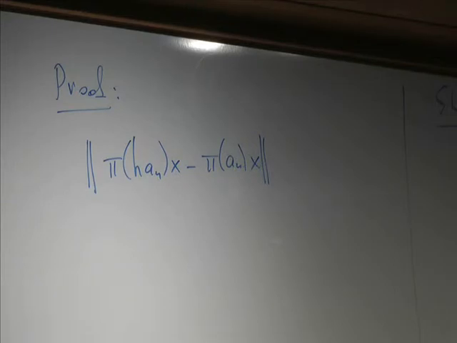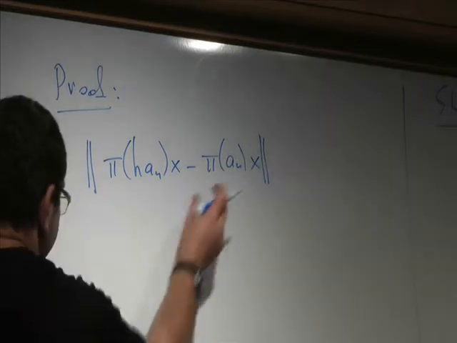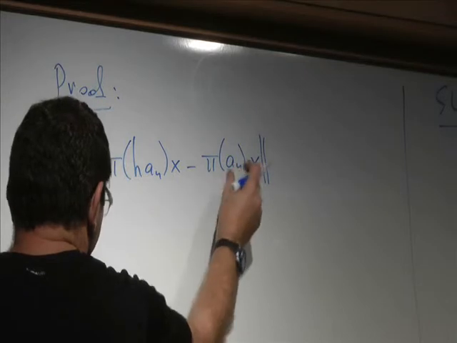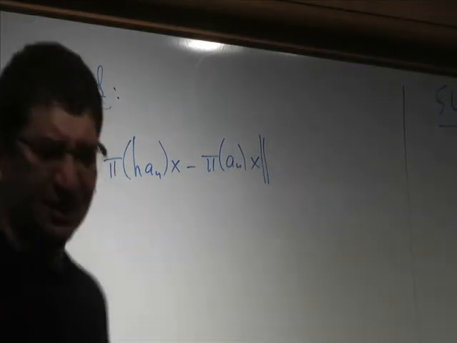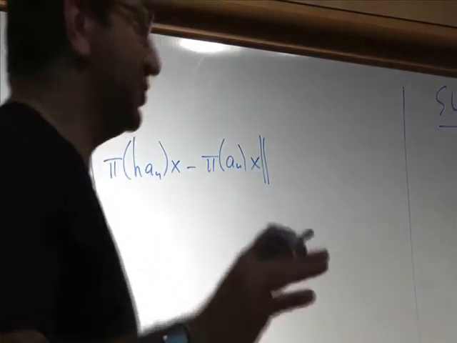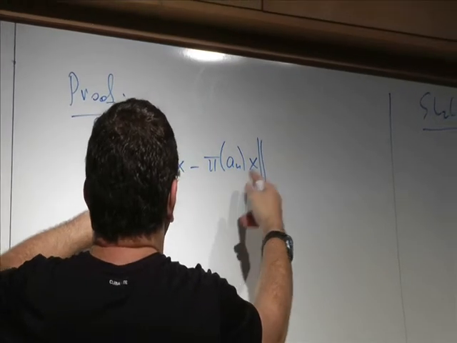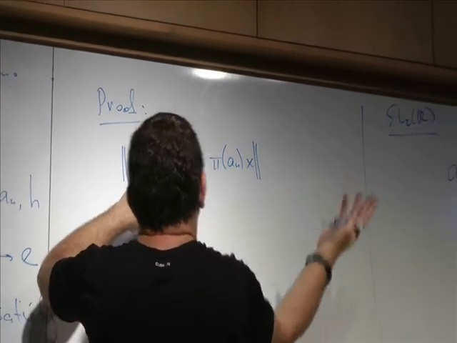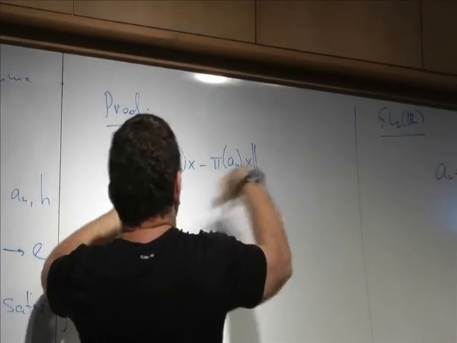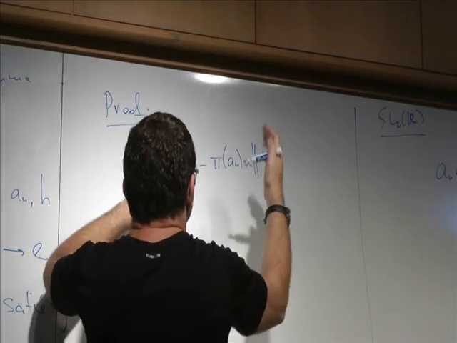Now, pi an are unitary operators. They don't change norm. So this is whatever it is. Let me apply pi an inverse to this thing. It won't change the norm.